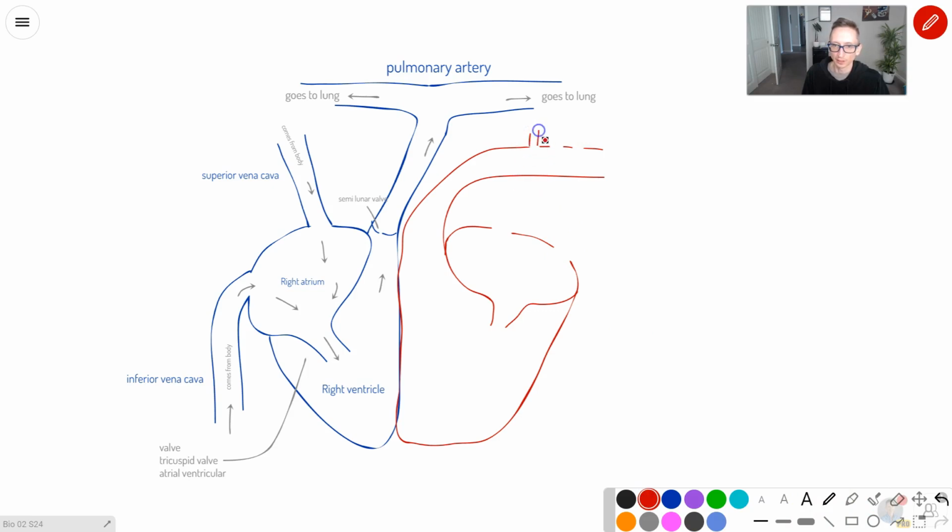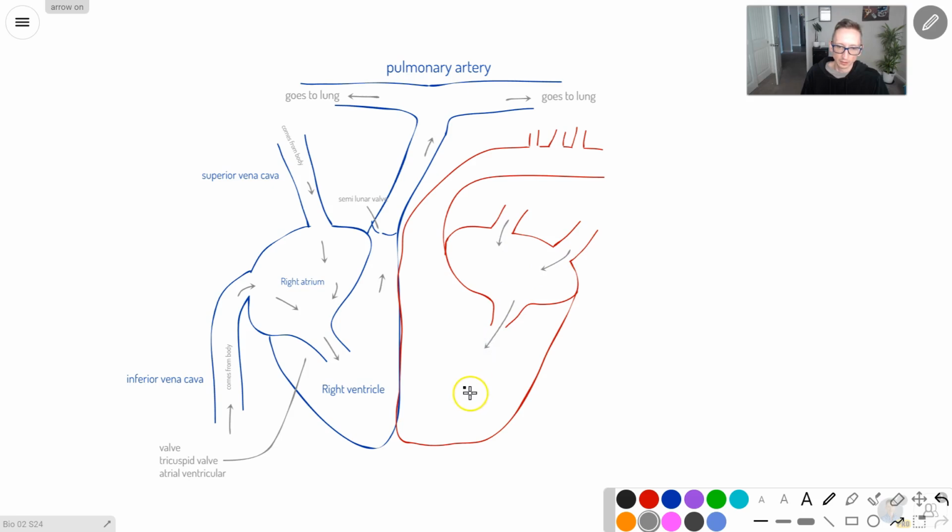This comes up like this. There's 3 little offshoots. Don't worry too much about this. Okay, arrows again. So this goes to the lungs. Now we're coming back from the lungs. I'll put some labels on there.